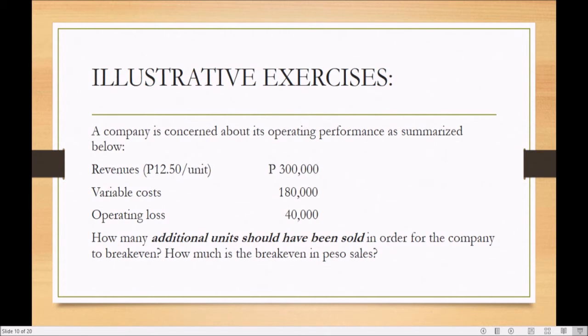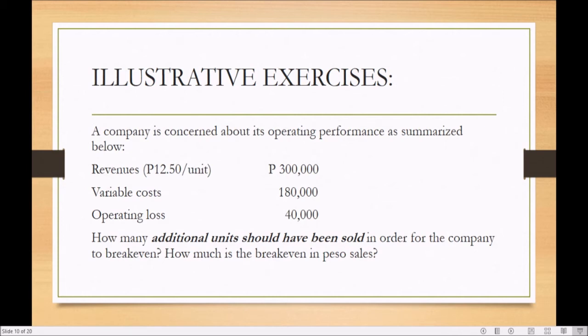The selling price per unit is 12.5. We have variable cost in totality of 180,000, and an operating loss of 40,000 pesos. We are required to compute how many additional units should have been sold for the company to break even, and how much is the break-even in peso sales?